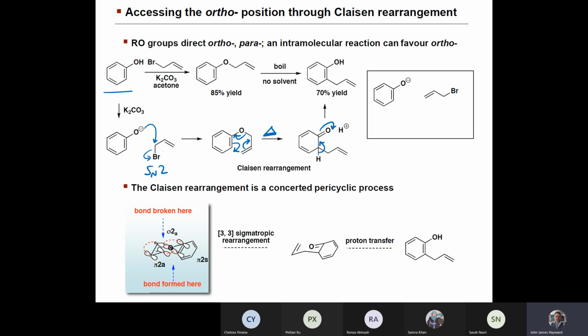Now, just going to mention, like I said earlier, it is actually quite difficult to see whether it goes SN2, like I've shown here, or it could attack at the opposite end of the alkene like this. When this happens, it's referred to as an SN2 prime reaction. Whenever you have a prime reaction like this, it usually means that there's an alkene in the middle involved.